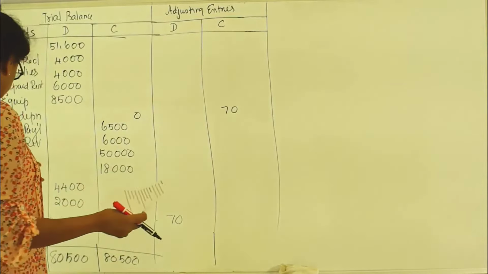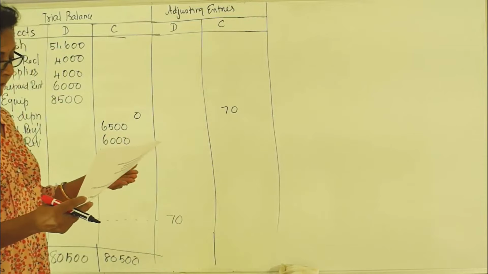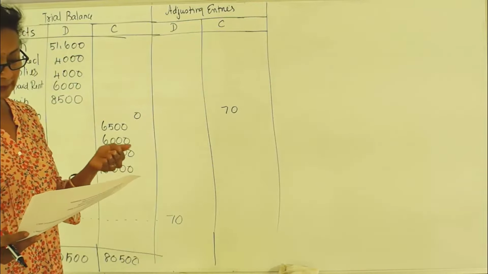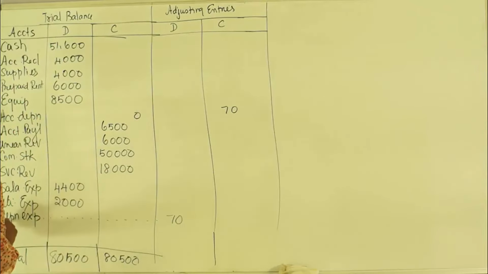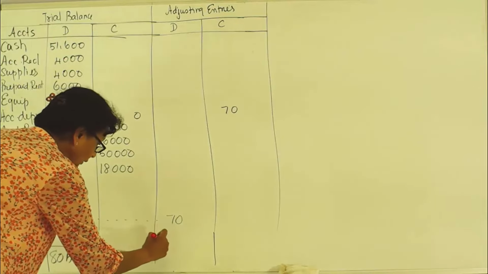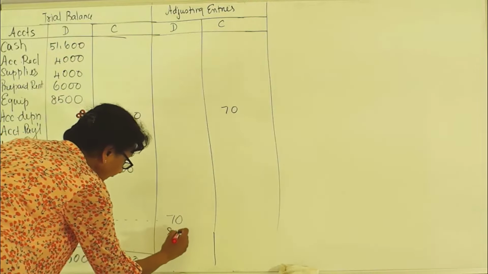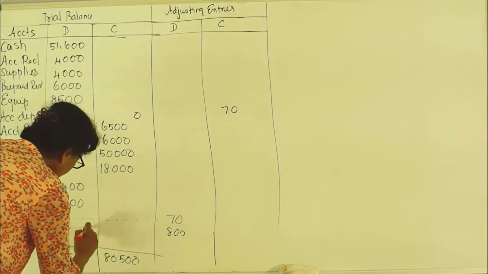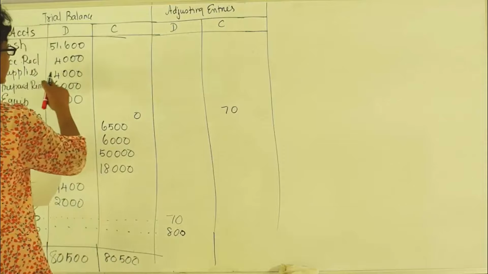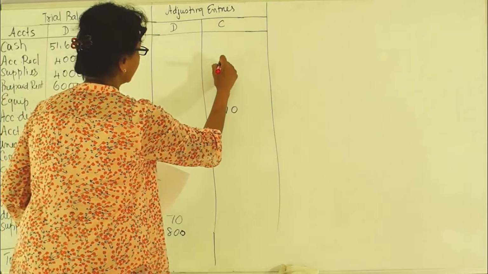Next one, supplies used for June was $800. So the company used up the supplies. So now you go to supplies expense, enter it here, and you will debit it for 800, and then you will credit the supplies 800.